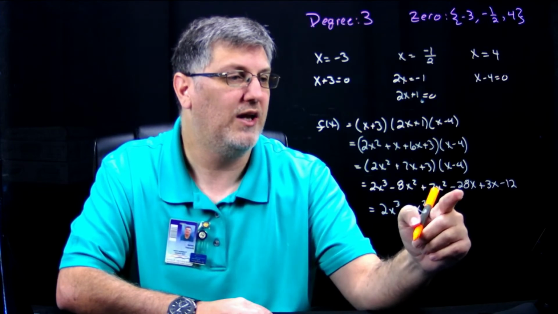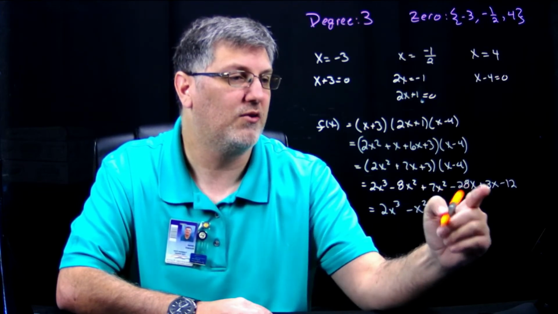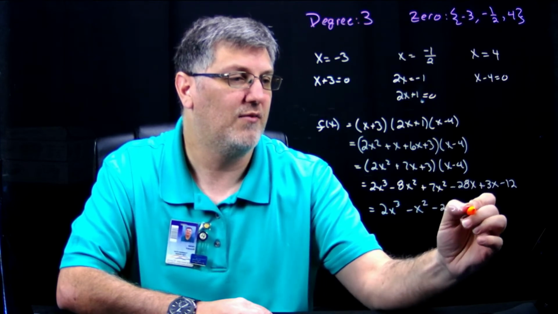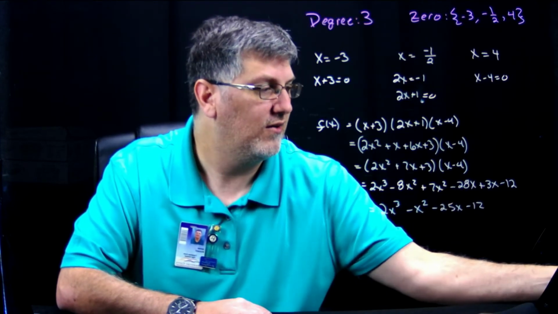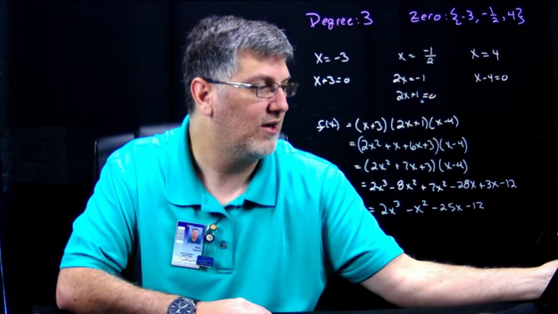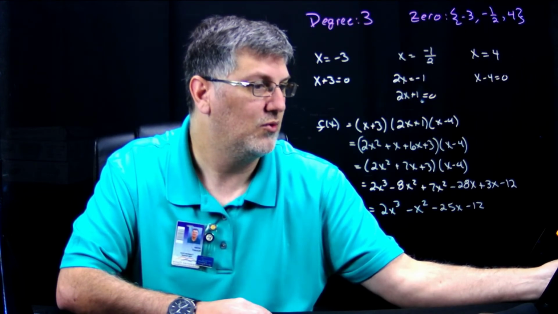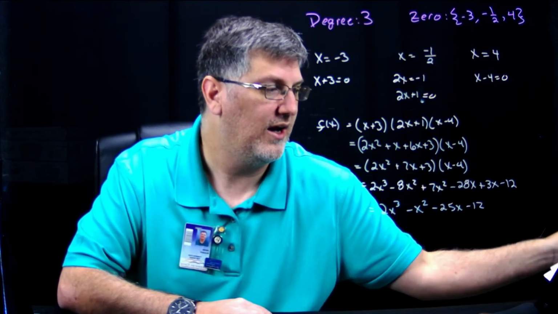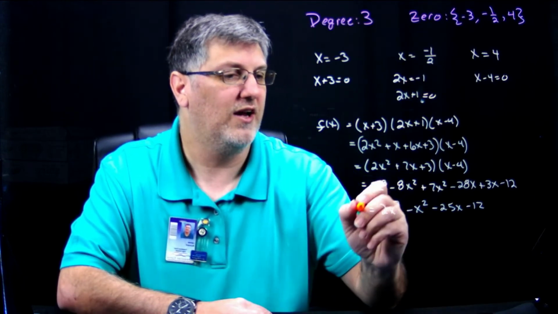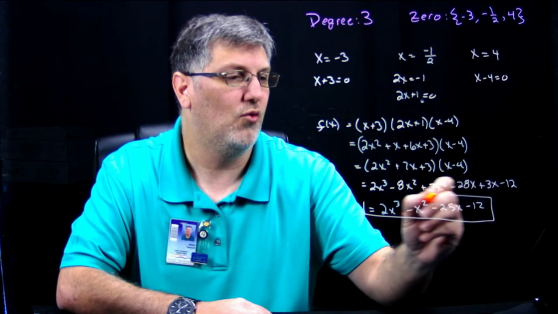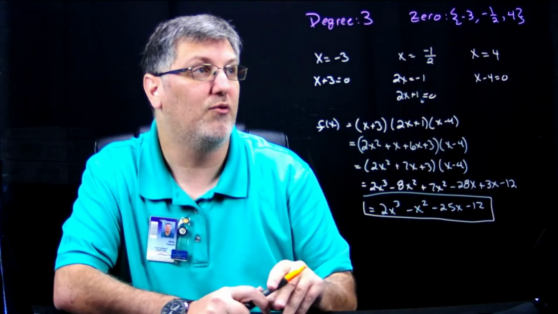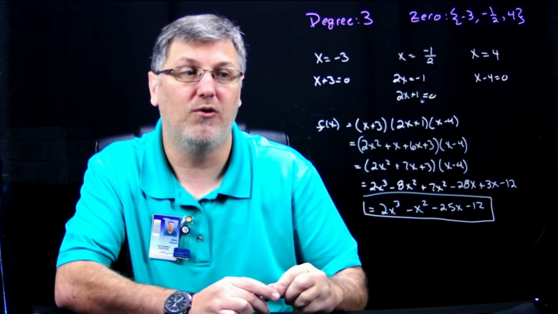Then I have -28x plus 3x, which gives me -25x. And then I just have my minus 12. That should match up with the answer I've already worked out, which it does. So voila, there is your answer. Piece of cake. That is your degree 3 polynomial that has x-intercepts at -3, -1/2, and 4.